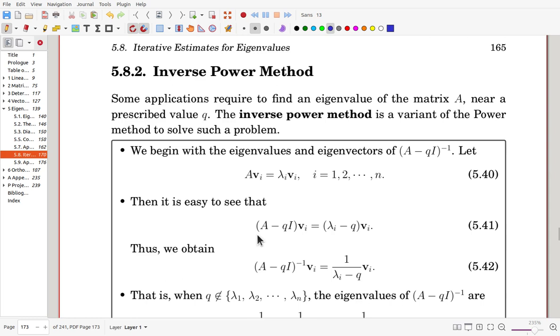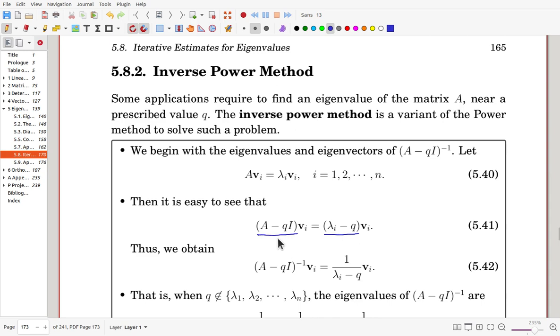This means that for this matrix, the corresponding eigenvalues are this one, and the associated eigenvectors are the same as the original one, the vi.